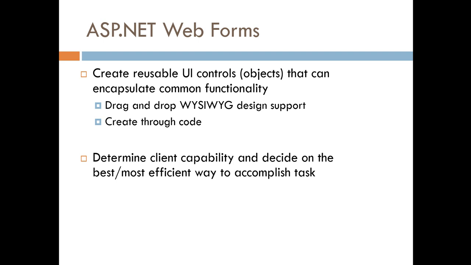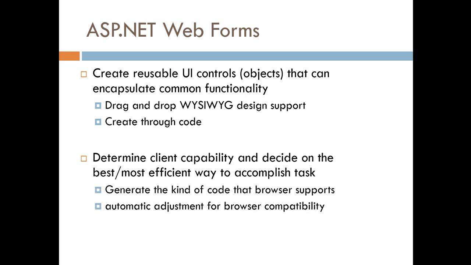If the client browser isn't capable of those technologies, maybe it's an older one or has some limitations or things turned off, well, then the software on the server will detect that and come up with an alternate approach. It might not work quite as elegantly, but it will get the job done. So the idea is making it work in the end, no matter what, right? So it can generate the kind of code the browser supports and adjust automatically for compatibility, right?